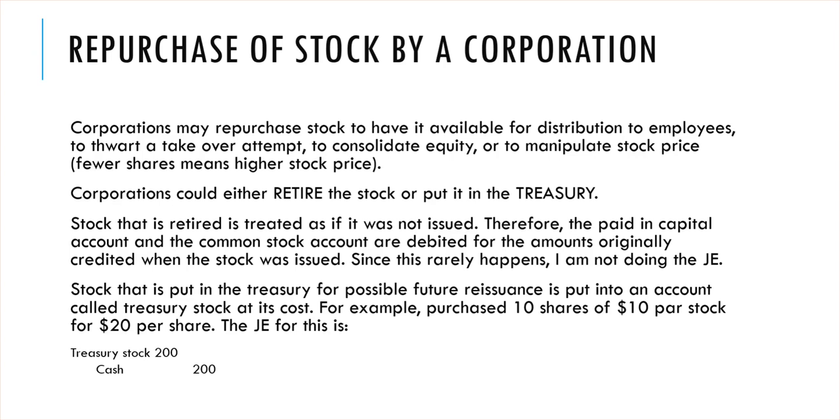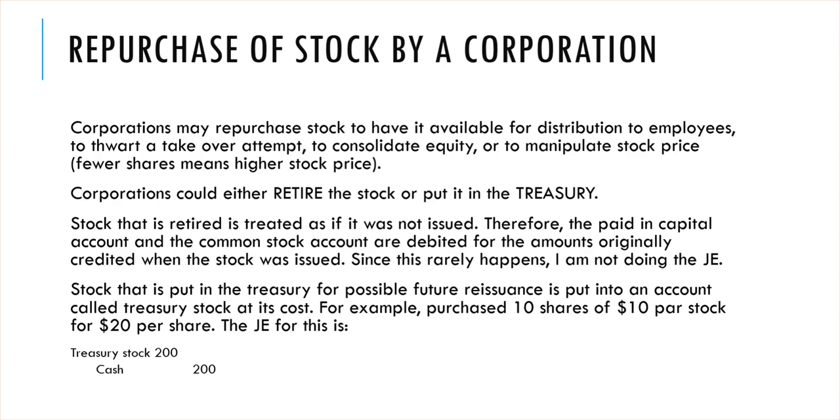You can also do it because you don't want other companies or individuals buying up so much stock that they can take control of the company away from the current structure of that corporation. You want to consolidate the equity. Maybe you're a conglomerate with various different companies, or you want to manipulate stock price, because if you have fewer shares out there, then you will have a higher stock price. That's sometimes a good thing.